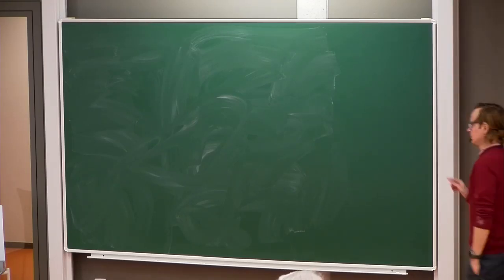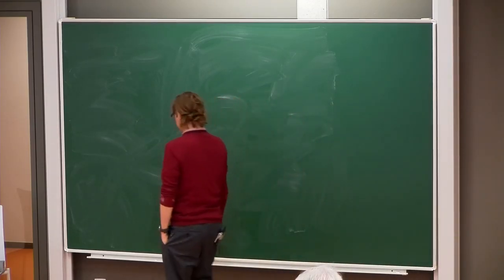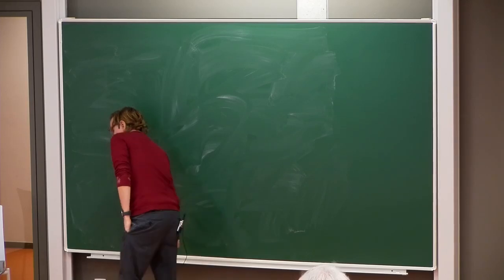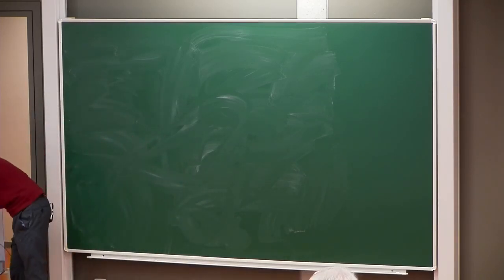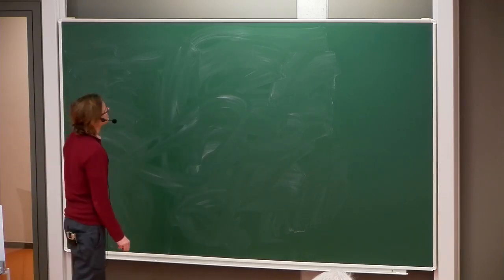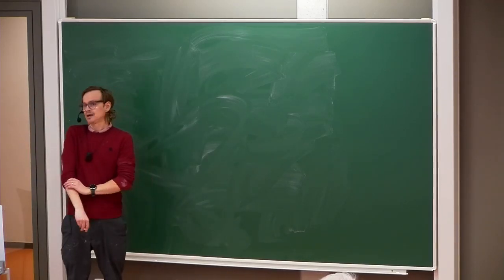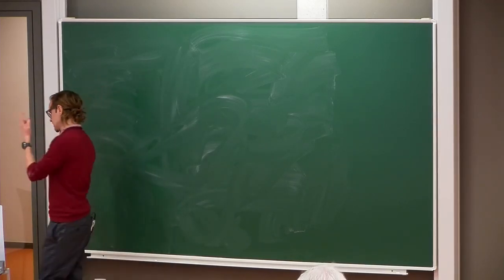Okay, so now we're going to go to the next chapter, dealing with free processes. We have spent a lot of time now with bound-bound line transitions.